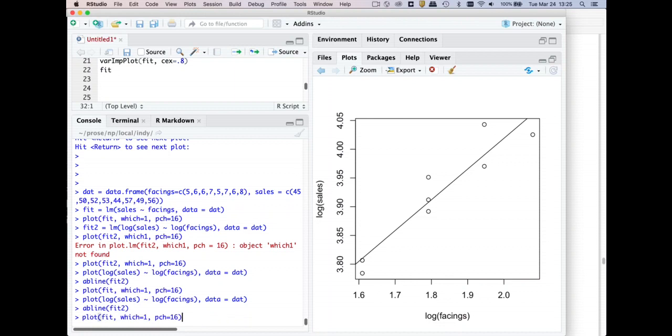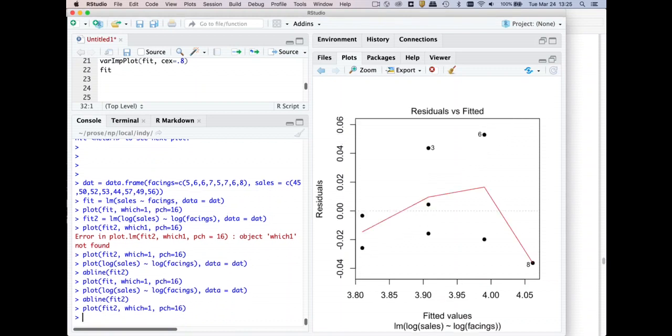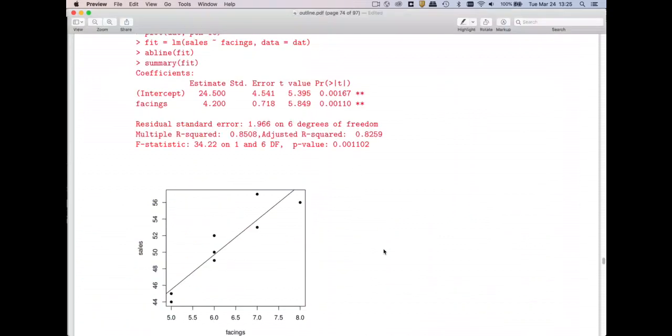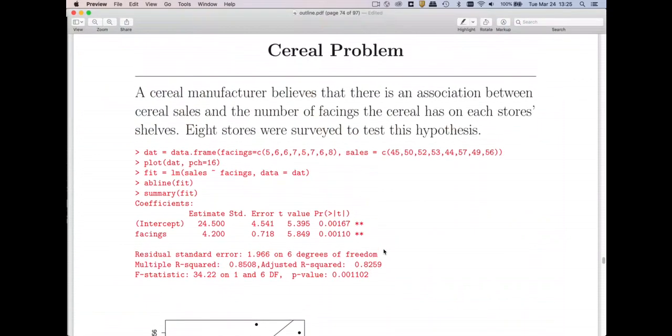The residual plot doesn't look that much better, to be honest. You still have that nonlinear pattern in there, but again, it's only 8 data points. So I think this illustrates Tukey's points very nicely of having very limited data, but having to make a decision. I'd probably go with the log model on this.